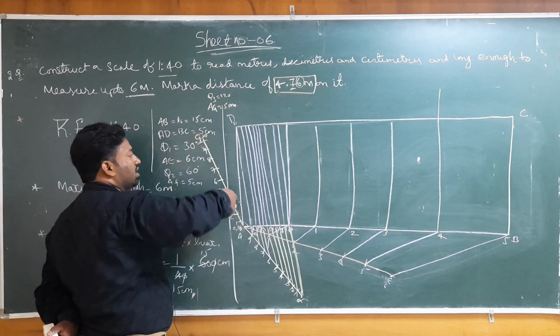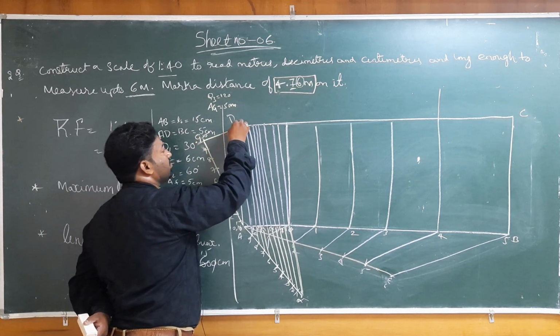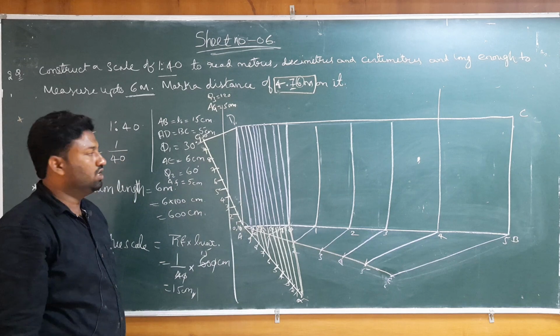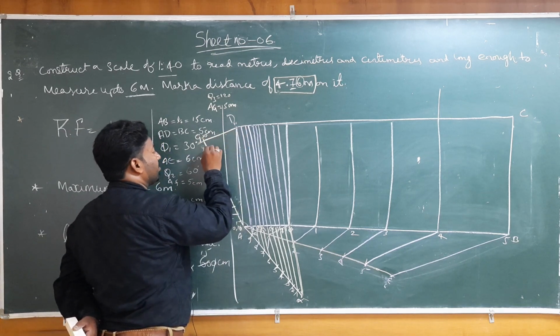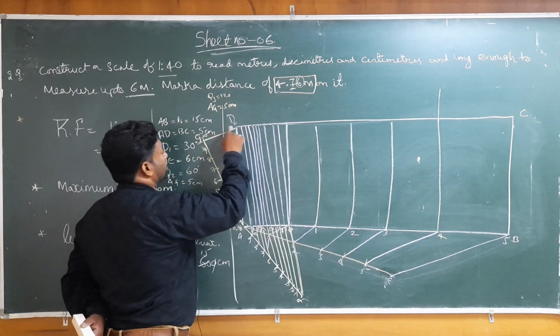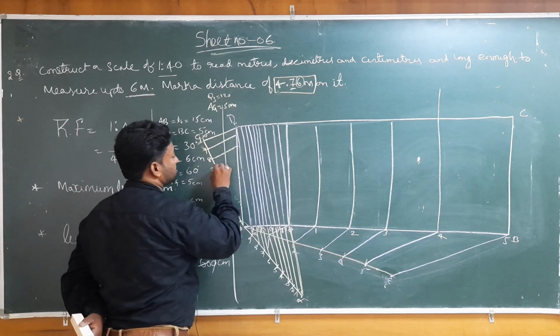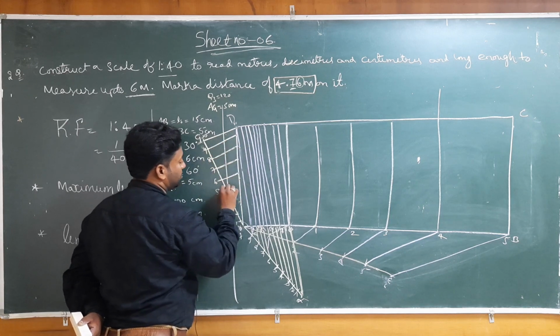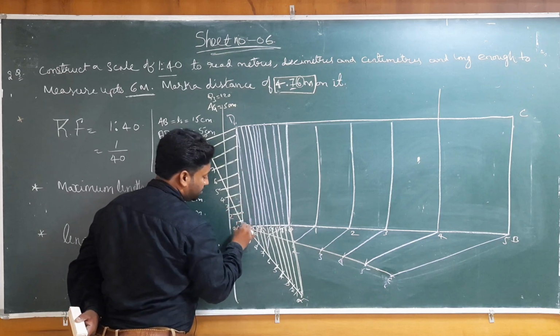So we are drawing an inclined line to 10 divisions, and we have to join 10 to this G. Now whatever the line is from 10 to G, we have to draw from 9 a parallel line, parallel to 10 to G, like this. All these lines should be parallel to each other to represent the diagonal scale.